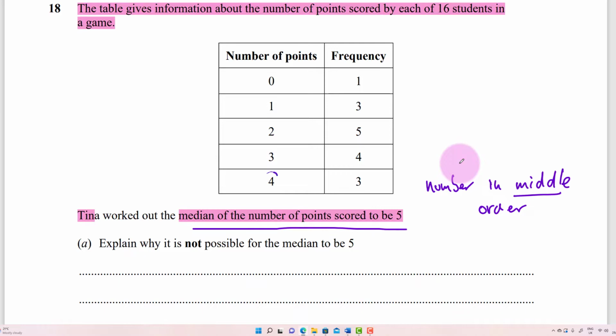Now if the maximum number of points is 4, well, it's clearly not possible to get a median of 5. You can just say the max number of points is 4. So any sentence that makes sense, you'll get the mark.